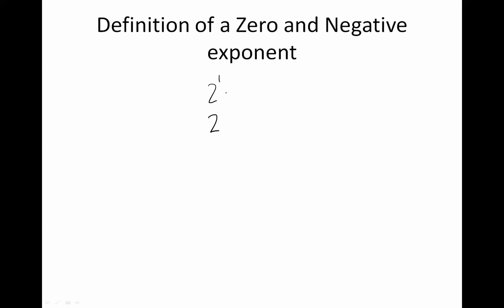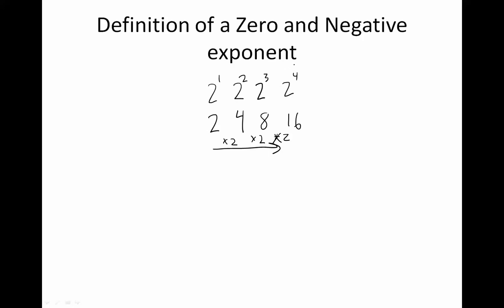If we were to multiply by another 2, we would get 2 squared, which is 4, and 2 to the third, which is 8, and 2 to the fourth, which is 16. Every time I'm moving to the right, I'm multiplying by 2. So every time I'm increasing the power, I am multiplying by 2.